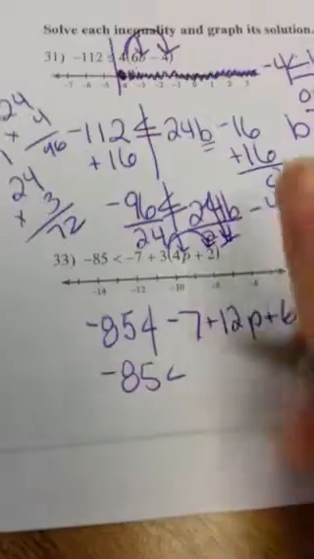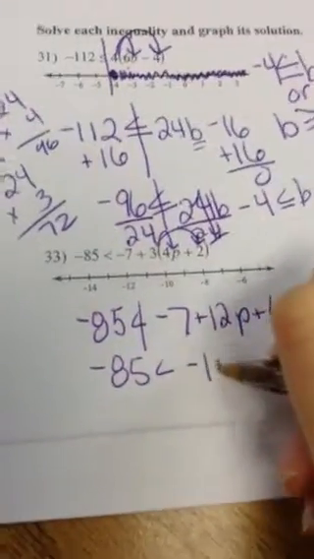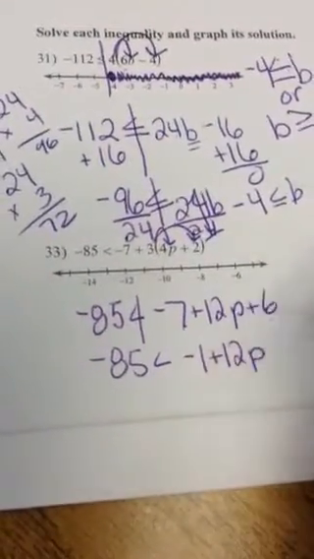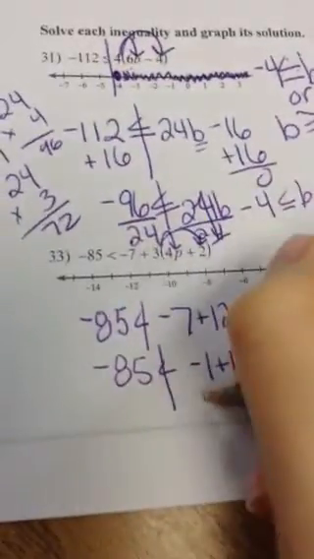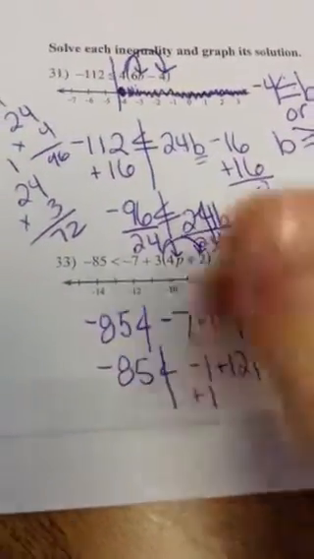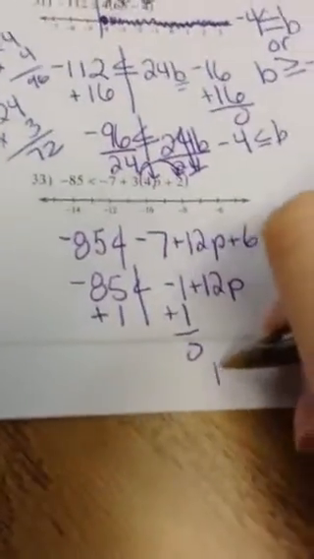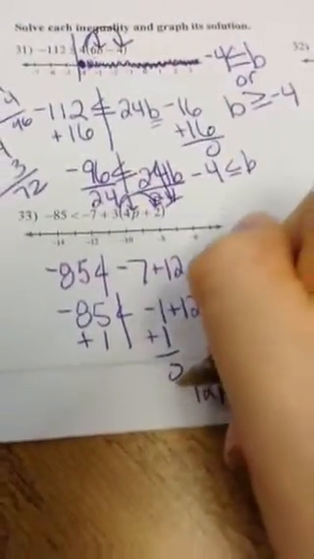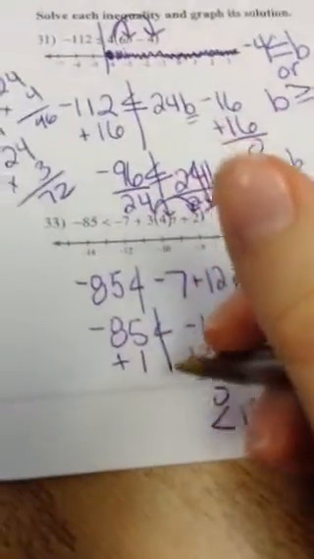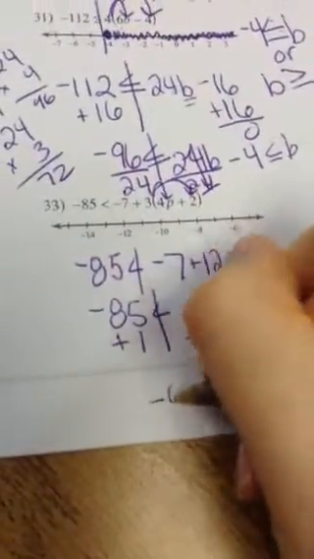So negative 7 plus 6 is a negative 1 plus 12p. Split my equation. I'm going to add 1 to both sides. 12p is greater than negative 85 plus 1 is negative 84.